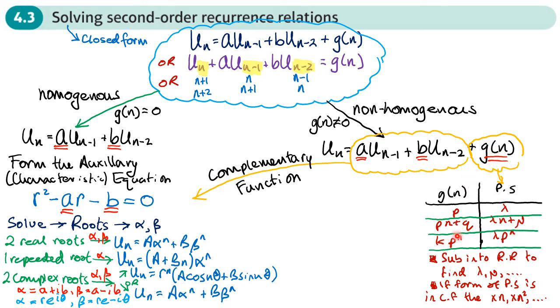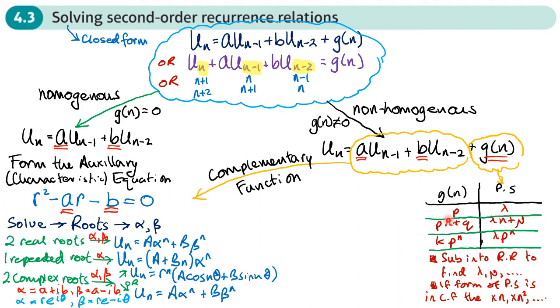And if g of n is a multiple of p to the power n, so let's say it's something like 5 times 2 to the power n, then we try lambda times 2 to the power n. So notice that p to the n that's here appears over here. We just replace the constant here with lambda. Now whatever form of the particular solution, we sub this into the recurrence relation, the original question, to find the values of mu and lambda.